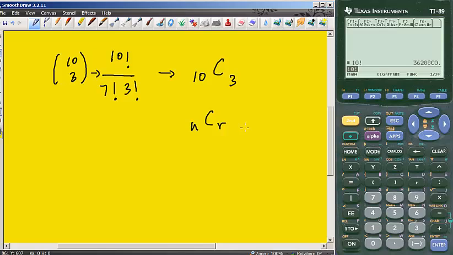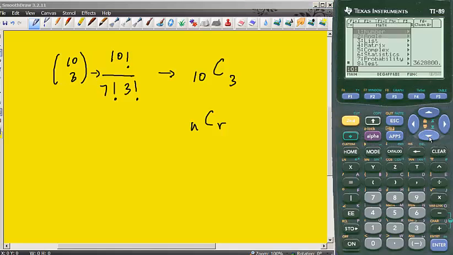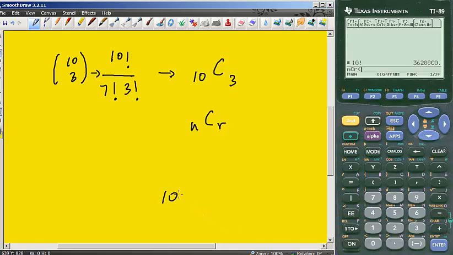So, if you go find your NCR button someplace, it's probably again in probability. Okay? My NCR button's here. So what you will have to do is punch in 10, and you'll probably have to punch in the NCR button, and then punch in 3.